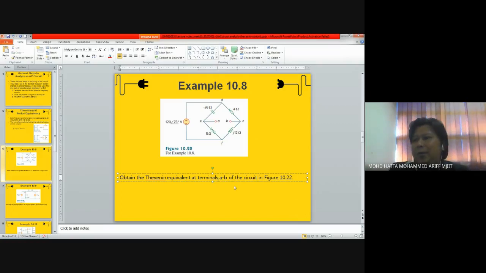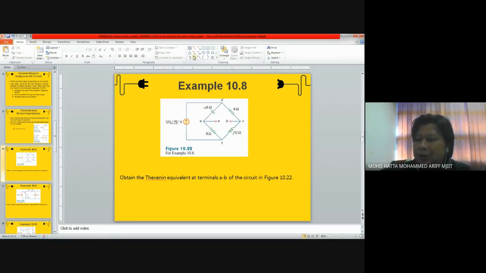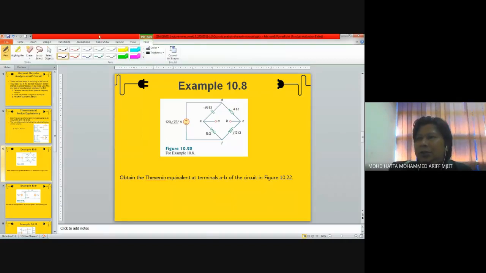This should be A and B of that circuit. And what we should expect towards the end of our solution is that we come out with a circuit which looks like this.